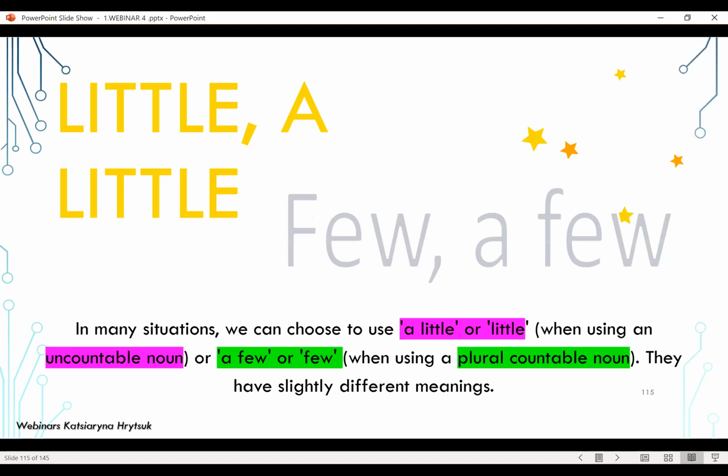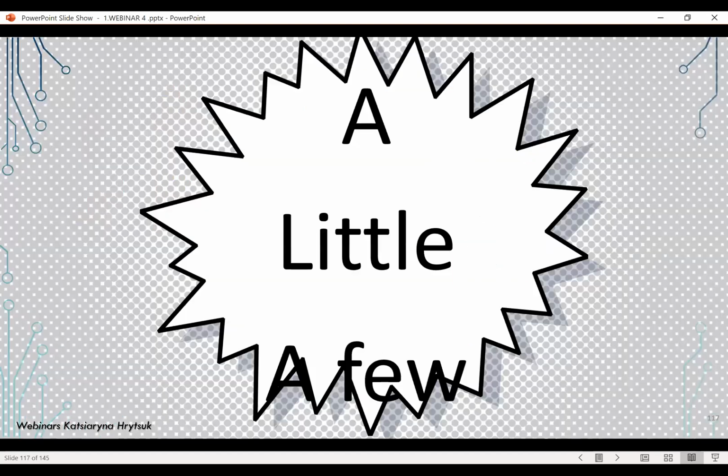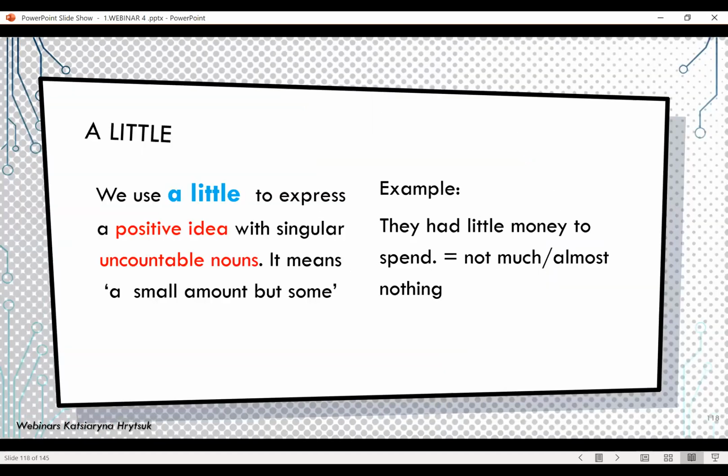So now is the difference: little, a little, few, a few. In many situations, we can choose a little or little, of course with uncountable, and a few or few, of course with plural, countable, but they have slightly different meanings.